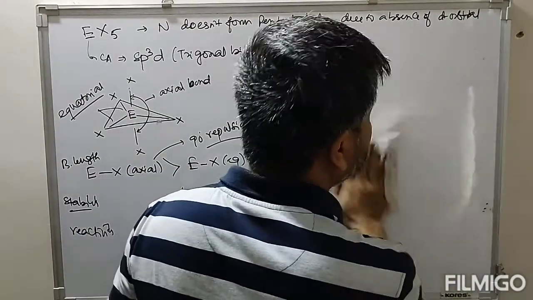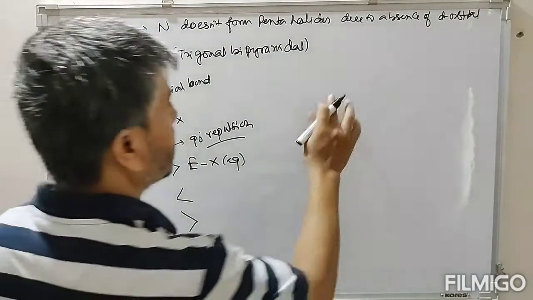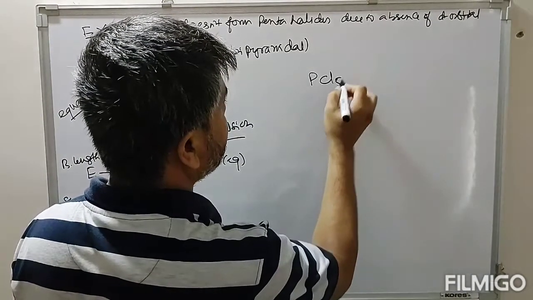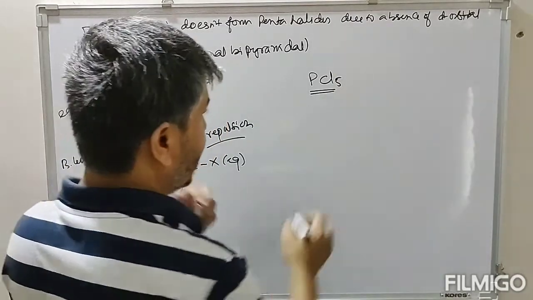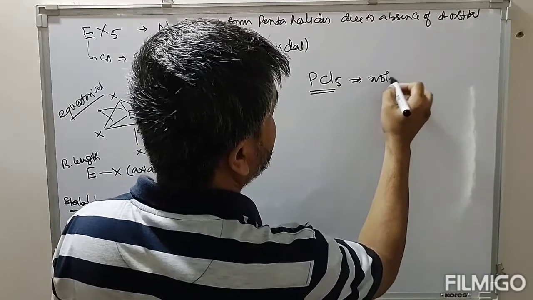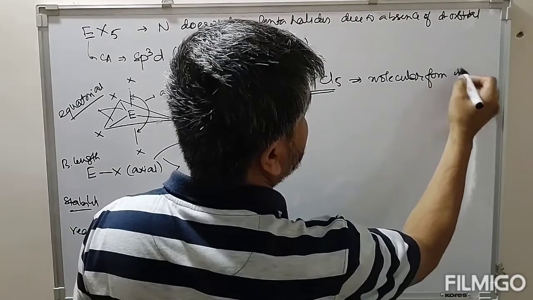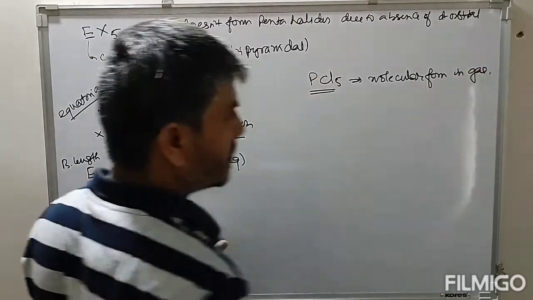One of the most prominent pentahalides that we find often used in chemistry is PCl5, phosphorus pentachloride. This exists in molecular form in gas only.